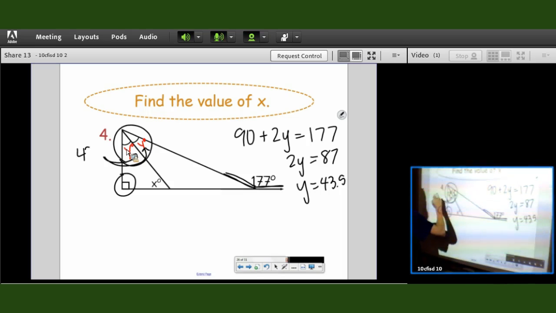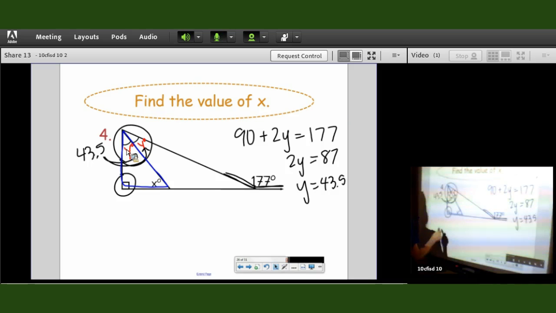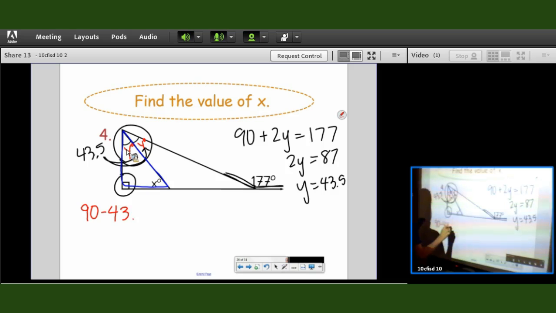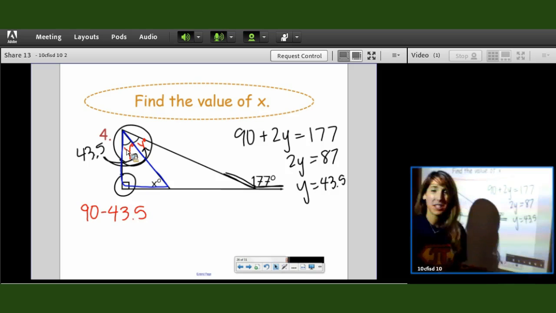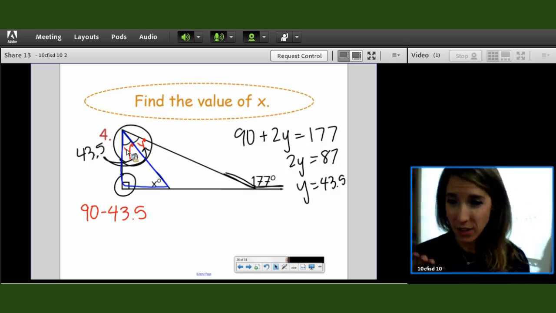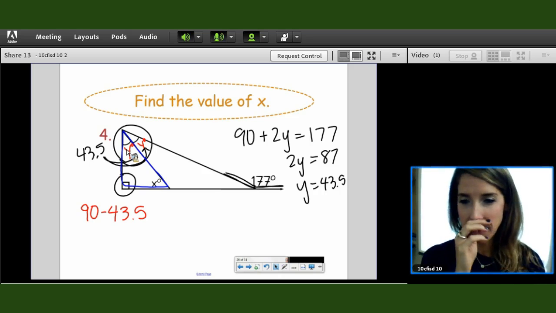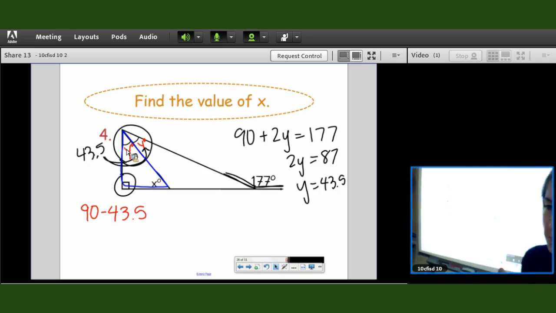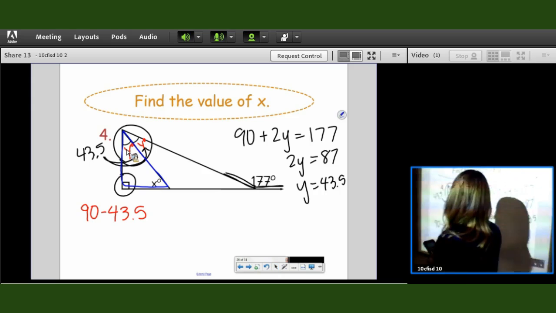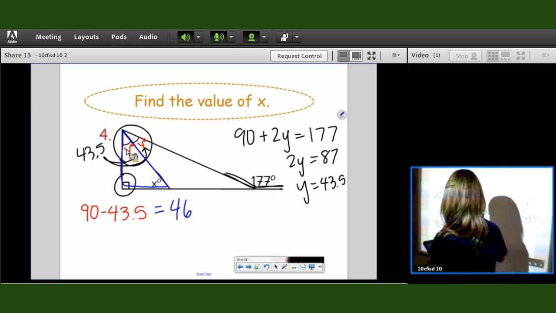It is 43.5, and now I can find x using the triangle angle sum theorem. Or if you understand how right triangles work, I can just subtract it from 90 because in a right triangle, the other two angles add up to 90. 46.5 is the final answer.